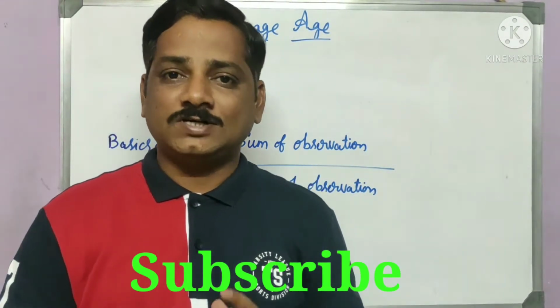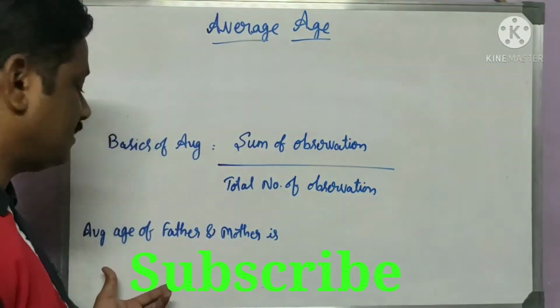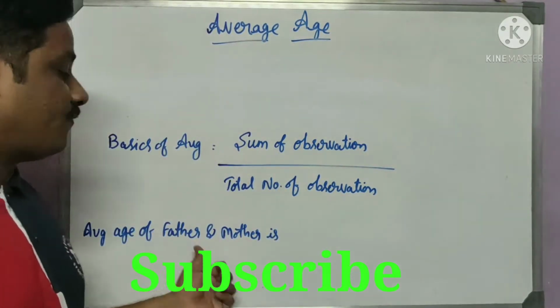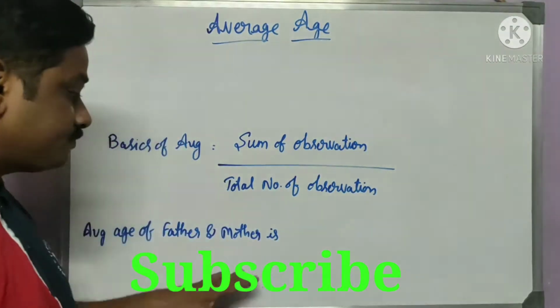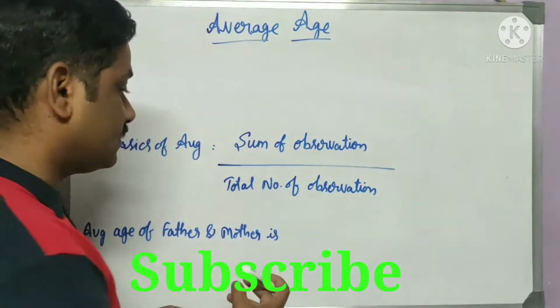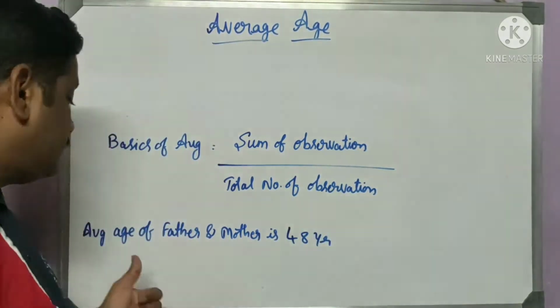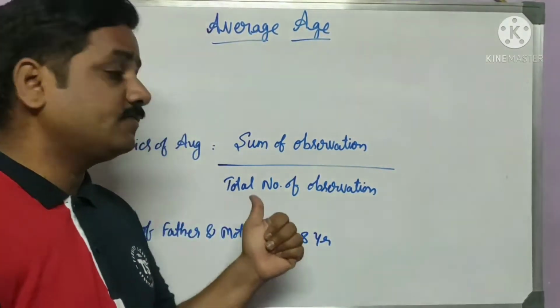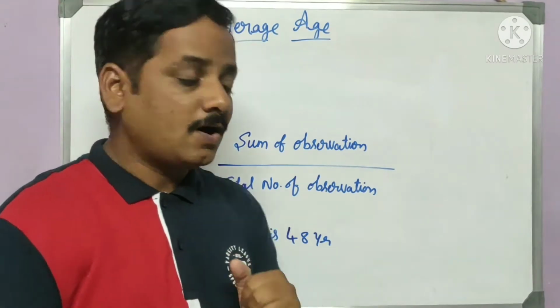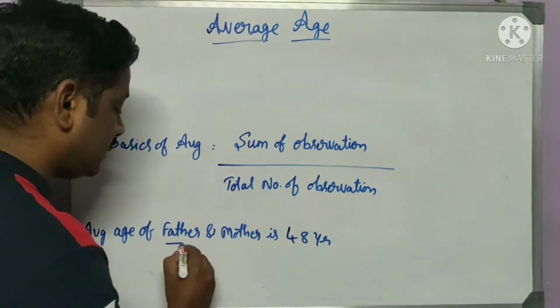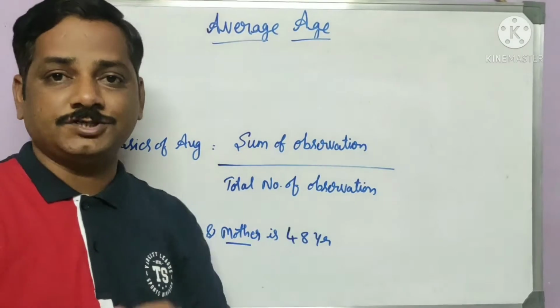For example, to understand this, let me take one example here. Average age of father and mother is, let me consider some number here, say 48 years. Here, how to understand this? Father and mother are the observations.